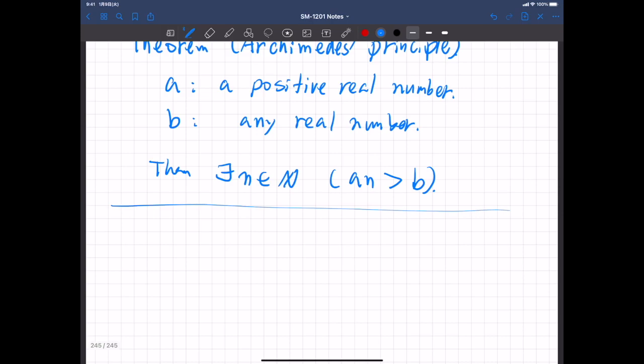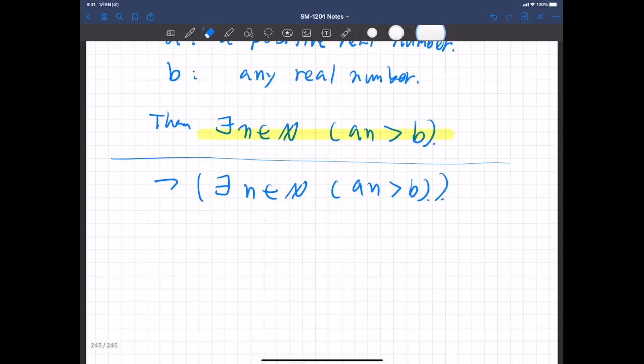Okay, so that means let us negate this proposition. So the negation of this is that for all, so let's negate this. There exists some natural number such that an is greater than b. Okay, so if you negate this, that is for all natural numbers, we negate inside this.